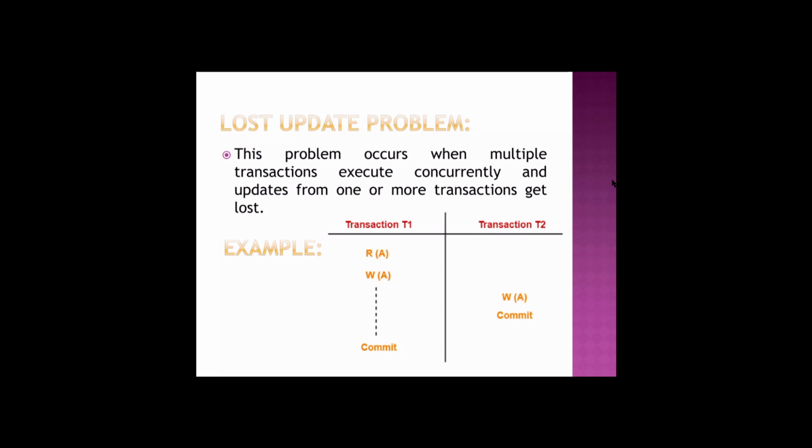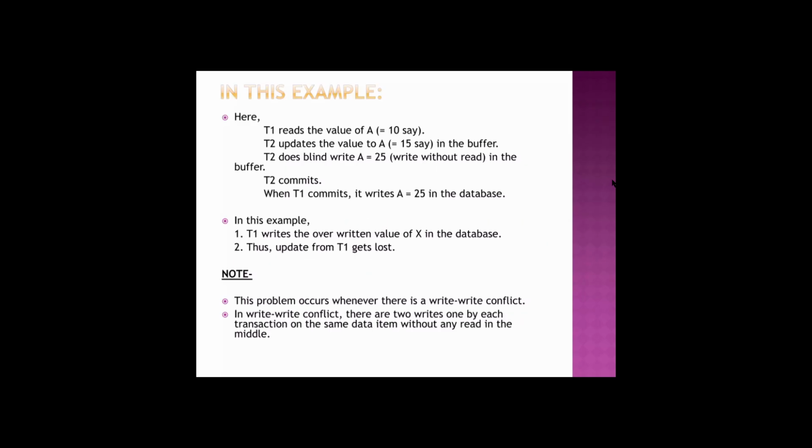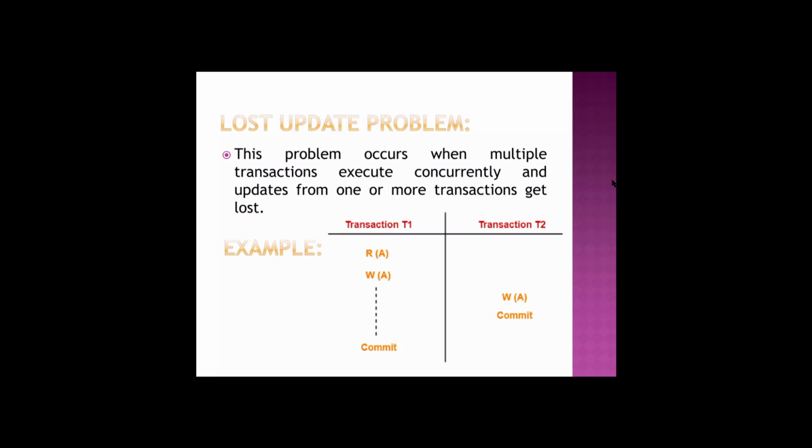This problem occurs when multiple transactions execute concurrently and updates from one or more transactions get lost. There are two transactions T1 and T2. T1 reads the value of A and T1 writes the value of A. T2 does a blind write on the value of A. T2 commits it. But when T1 commits, it writes 825 in the database.